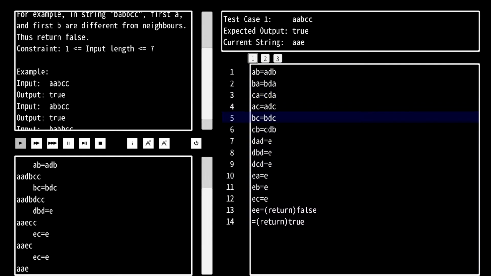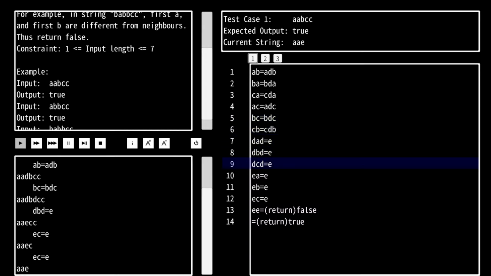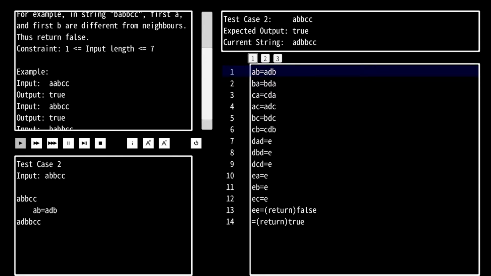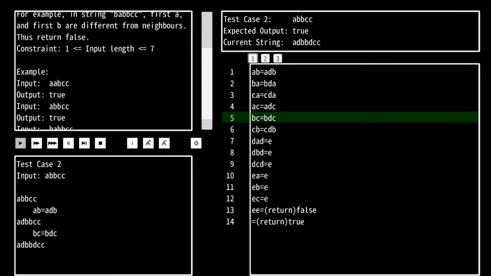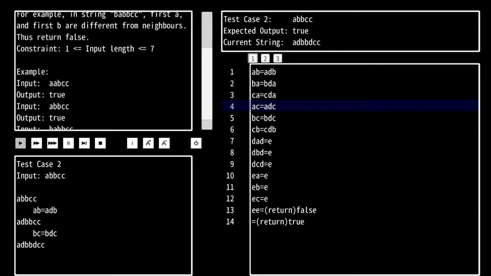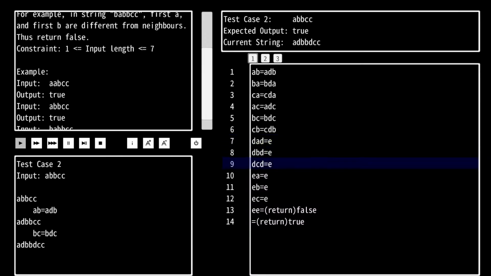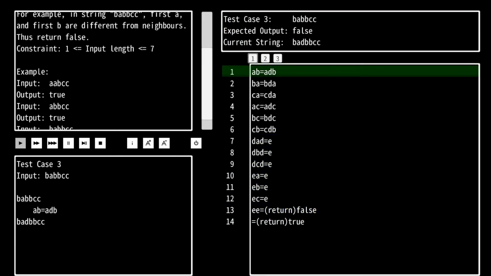Once all of that is done, we know this is true, and we're good. This one, we mark the differences. There's no E's to be found, so we go straight to true, and that's correct.